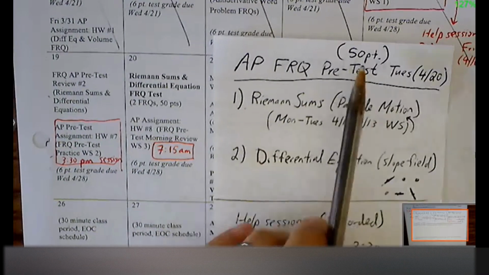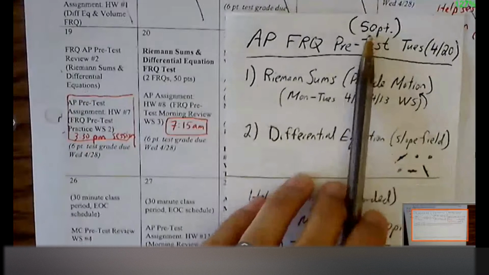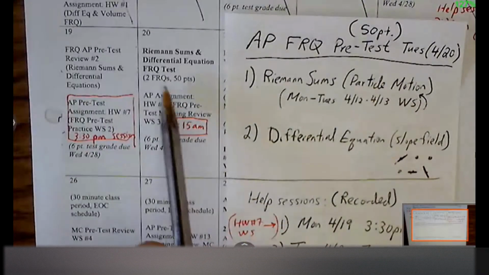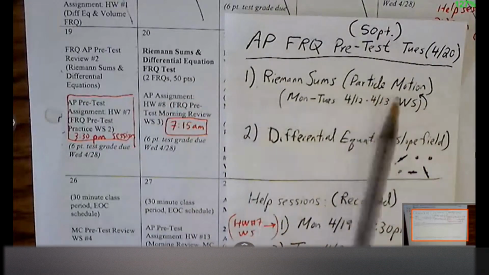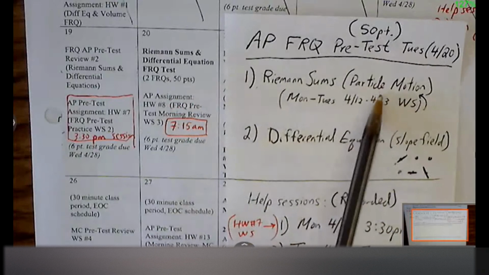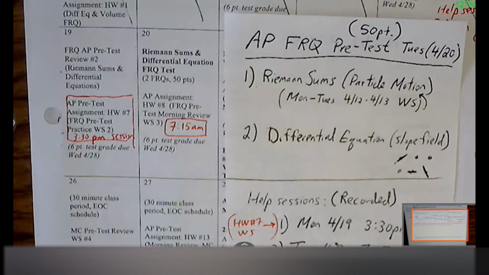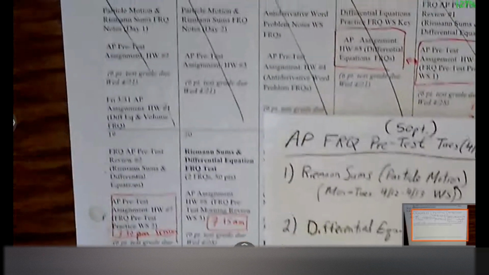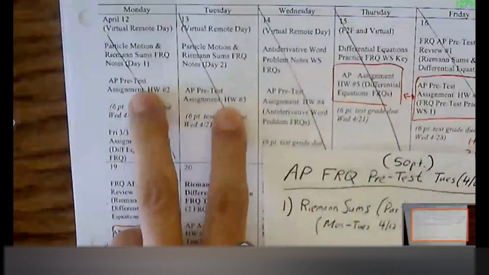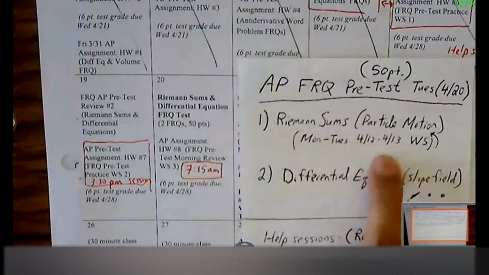It'll be a 50-point pre-test. It'll be Riemann sums, and it may have particle motion built into it, depending on the problem. So you want to make sure that you review particle motion FRQs. Those are from Monday and Tuesday of last week. So look through those worksheets, 412 and 413.